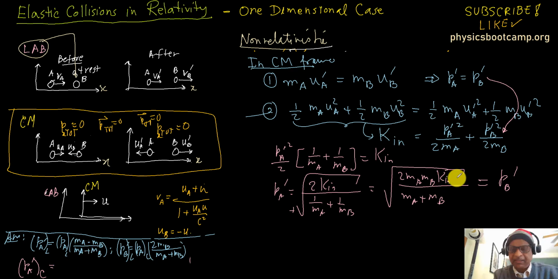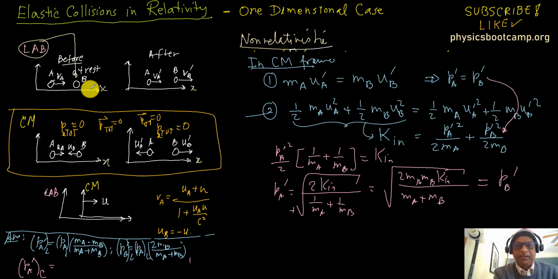So we have to use kinetic energy and initial kinetic energy, and you have to be able to consistently get that these two give you the same answer numerically once you transform.